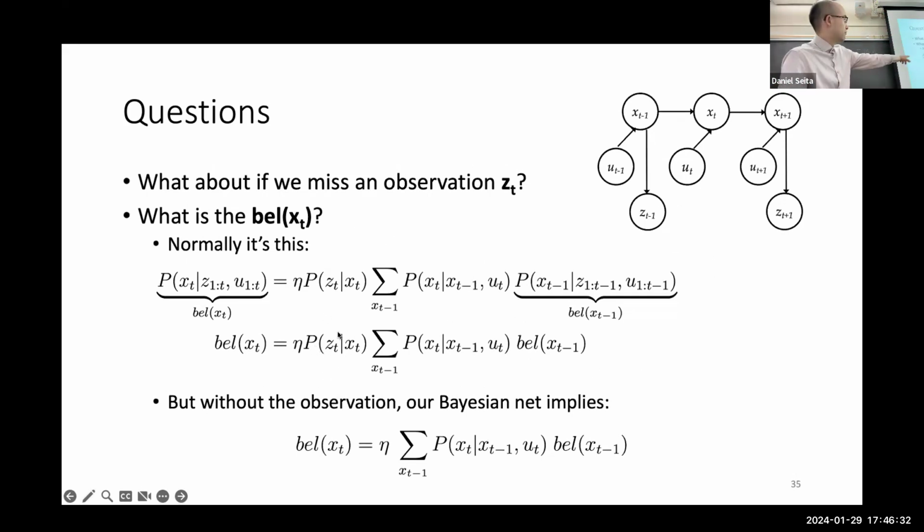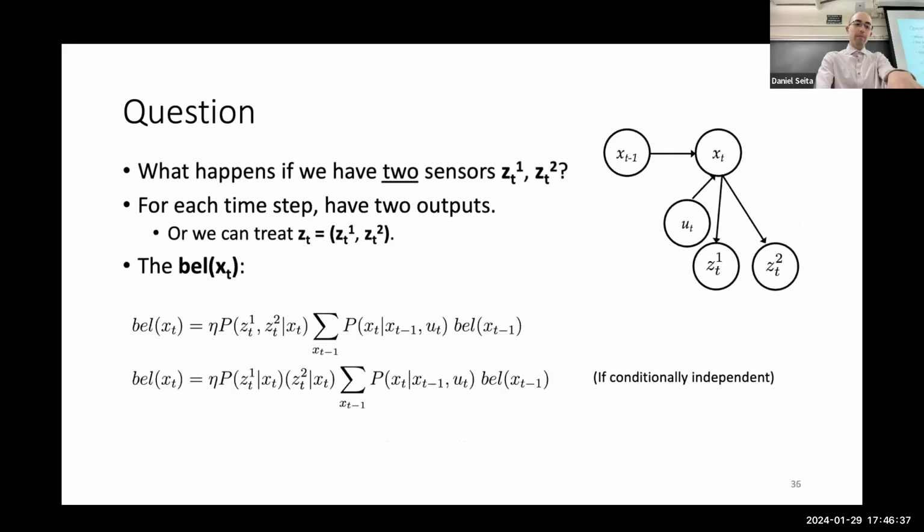we had probability of VT given XT, right? You can just plug in V1T and ZT1, ZT2. I don't know if you're supposed to say the exponent or the subscript first. So you can have something like that, and then if they're conditionally independent, which this Bayes net does imply, because it's the same diagram that you saw last class, right?